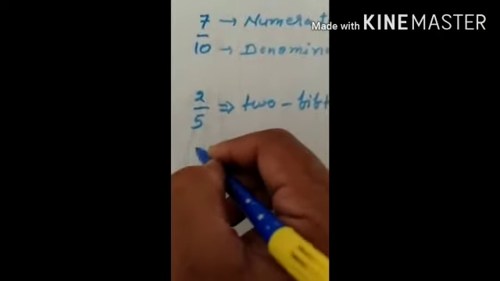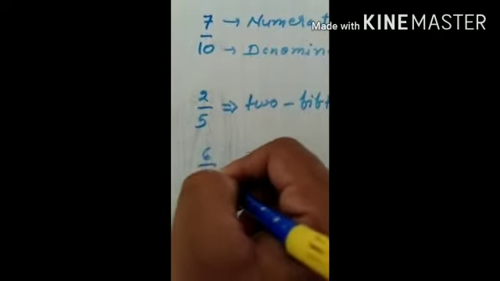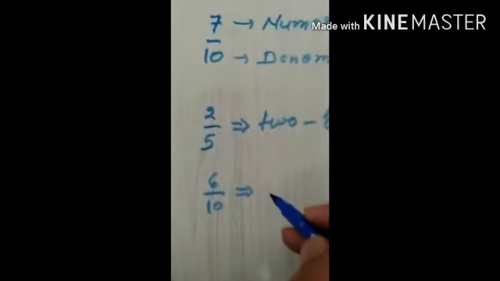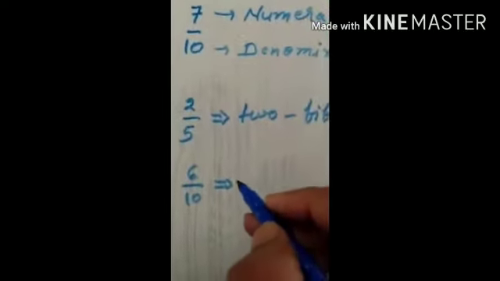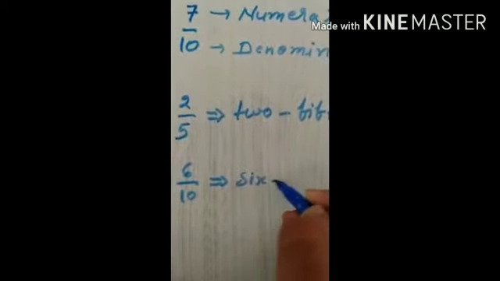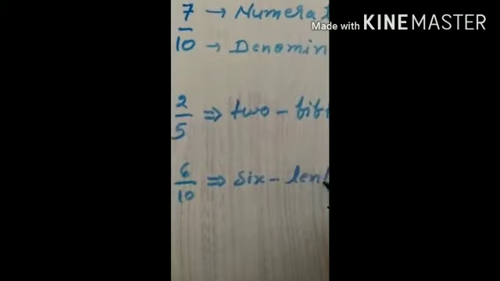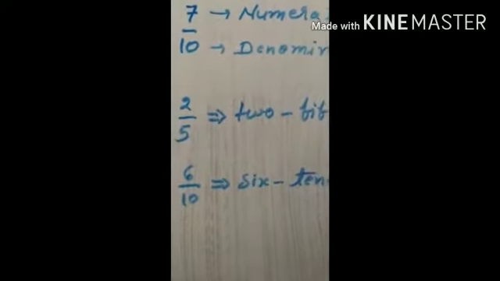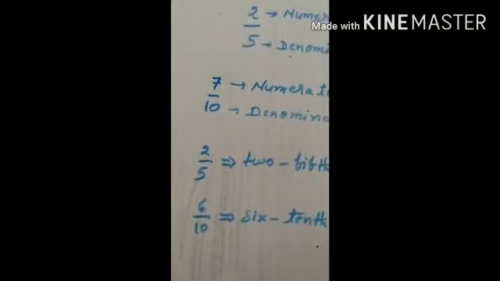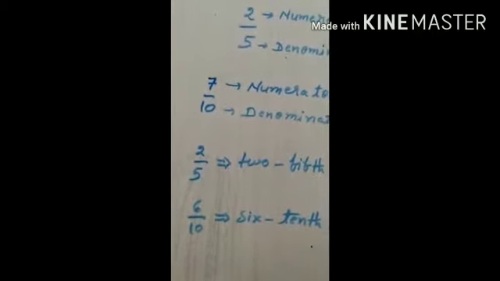Same as if we take 6 by 10, the fractional number of 6 by 10 is 6/10. So we can write all the fractions in words as well as in fractional numbers.